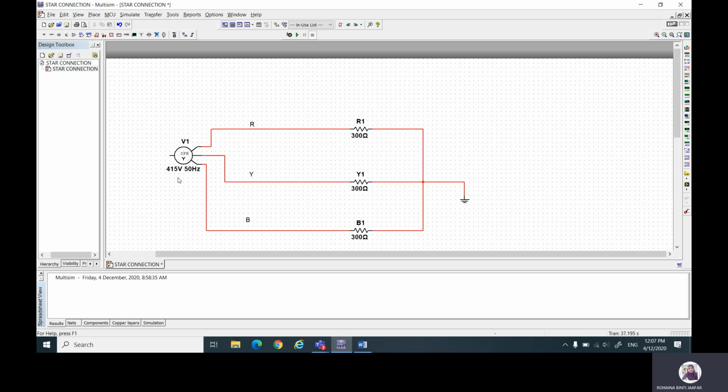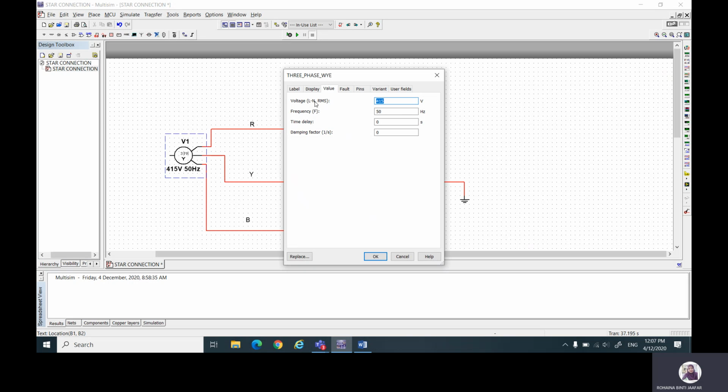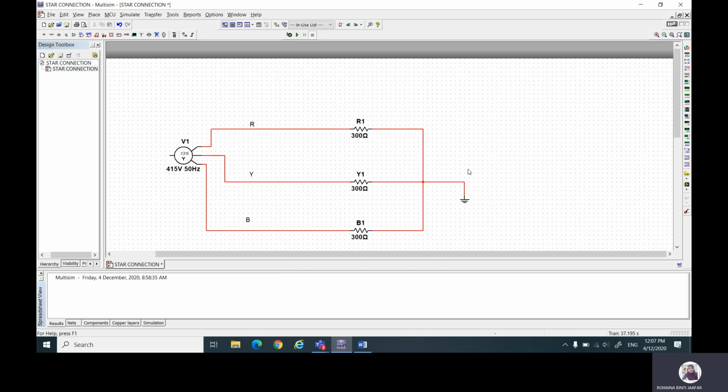And then this is your three-phase Y generator, where you set your phase voltage to 415 volt and your frequency to 50 Hz. Then you have to connect your circuit to the ground, either here or here.